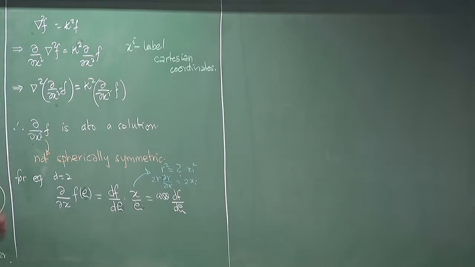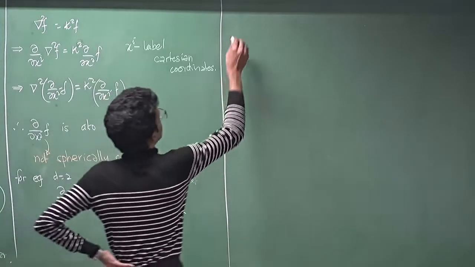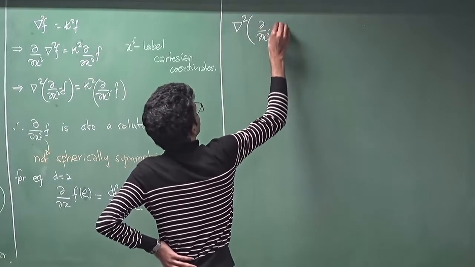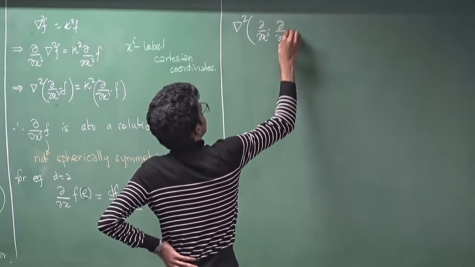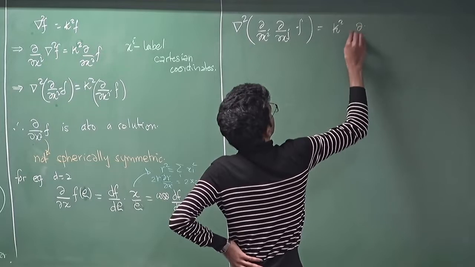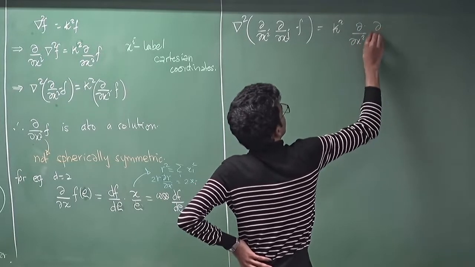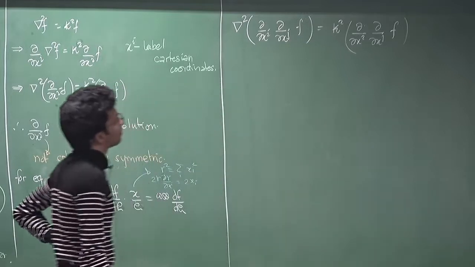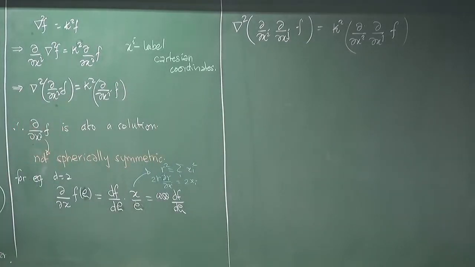So let's say we do two derivatives. Let's say we do grad squared on del xi del xj on f equal to kappa squared del xi del xj on f. Now I can do this in many different fashions, right?